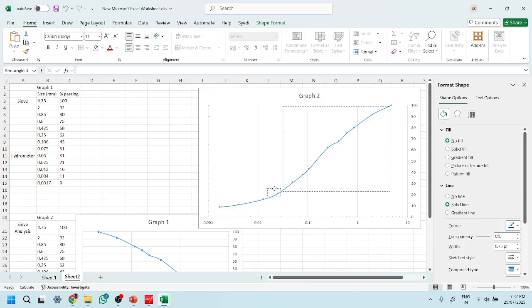And then we have silt from here up to 2 microns.